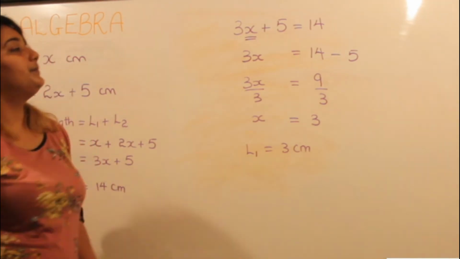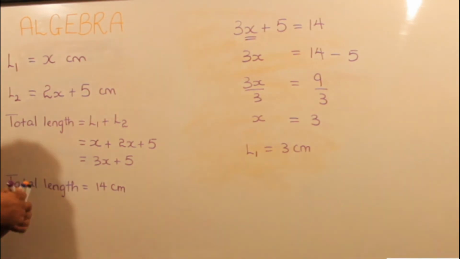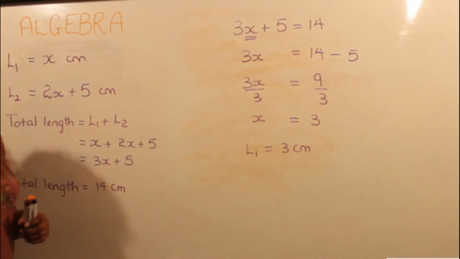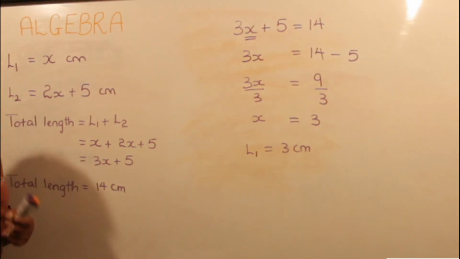Alright, so some of the things to go over if you are not yet confident in your abilities with indices, I suggest going over those. If you feel like you need to brush up on directed numbers, go right ahead.